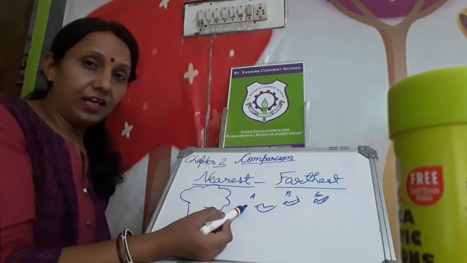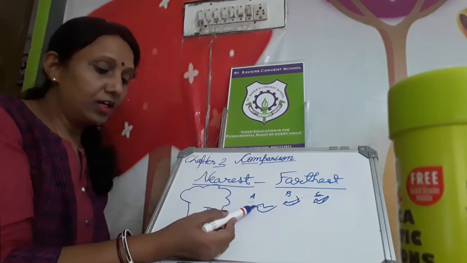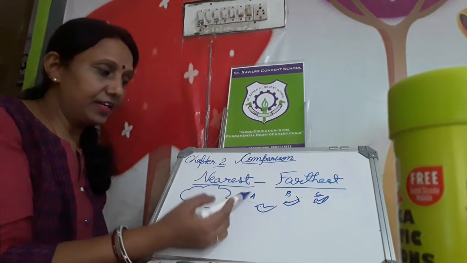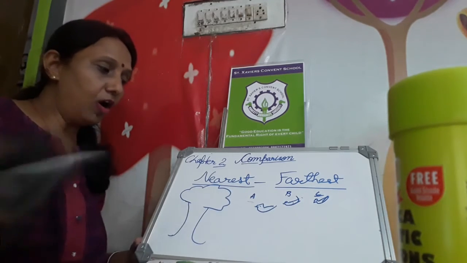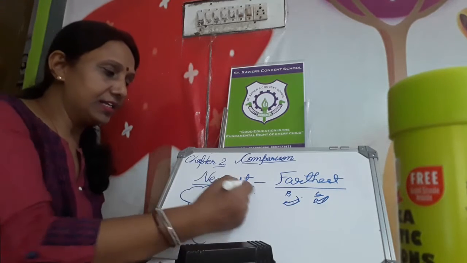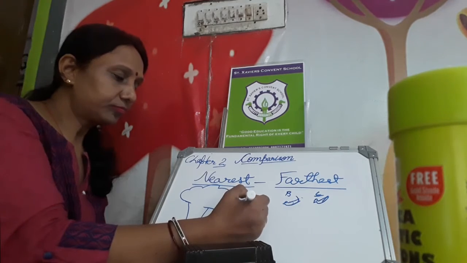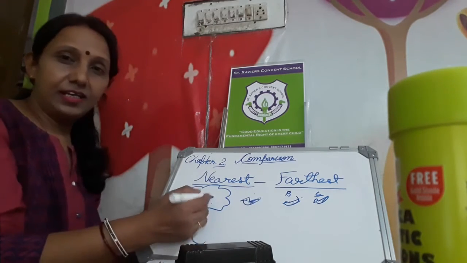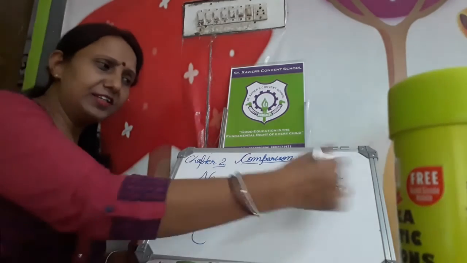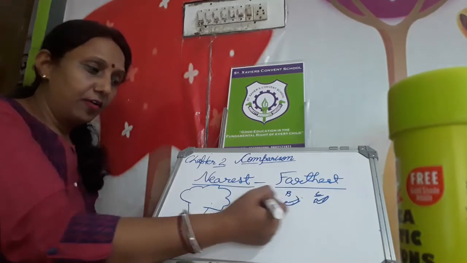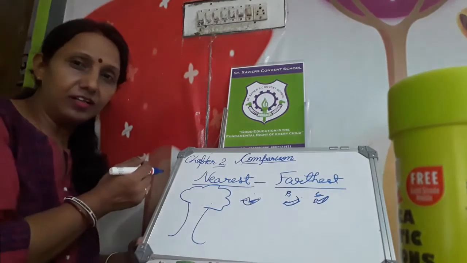Among all three, bird A is the nearest to the tree. And which one is the farthest at the end? Very far off, not near.